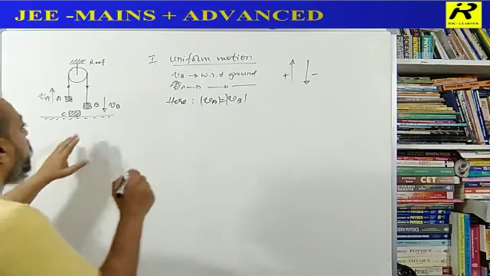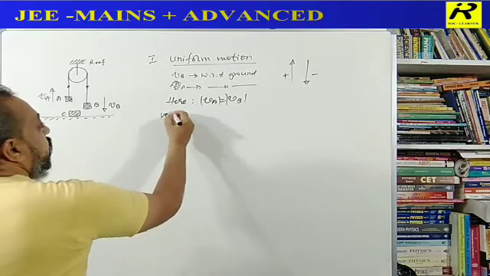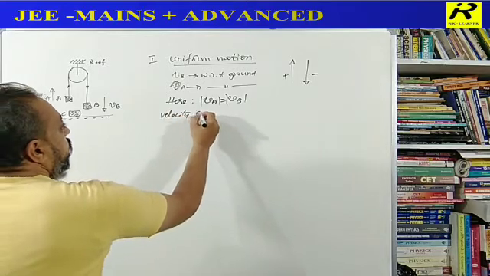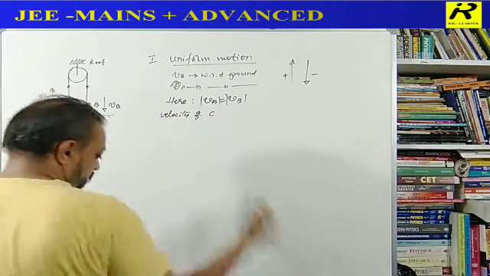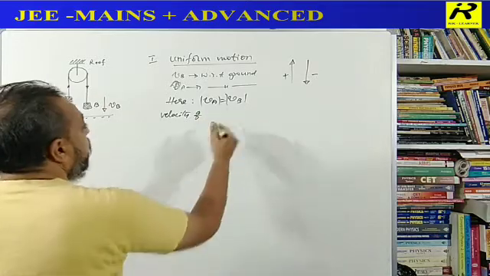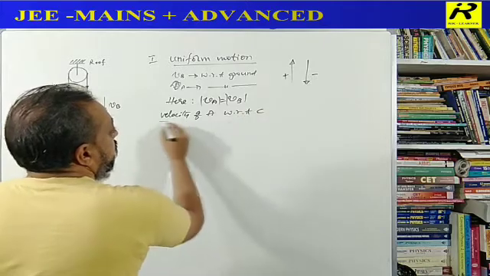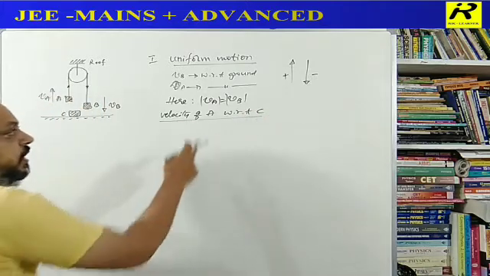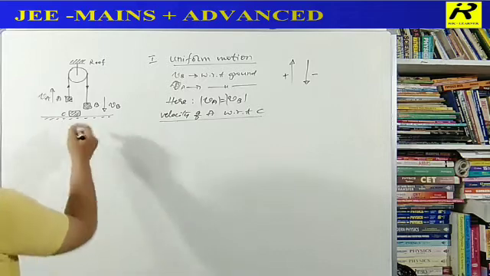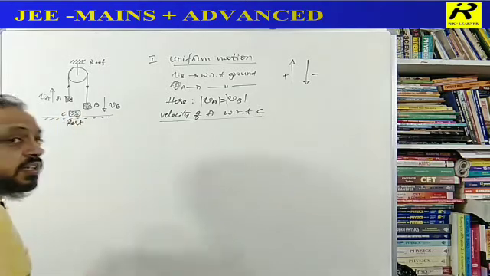Now I am going to explain how I read the velocity of A with respect to C. So C is here, C is at rest. I assume C is at rest.